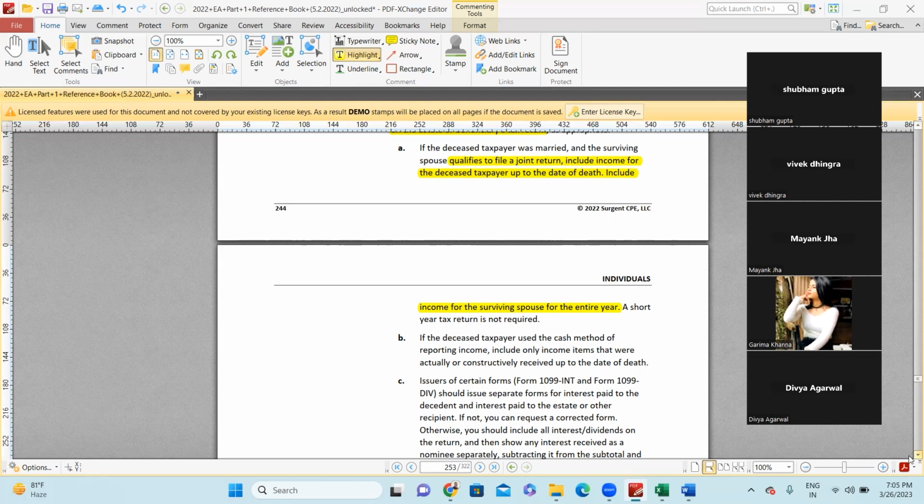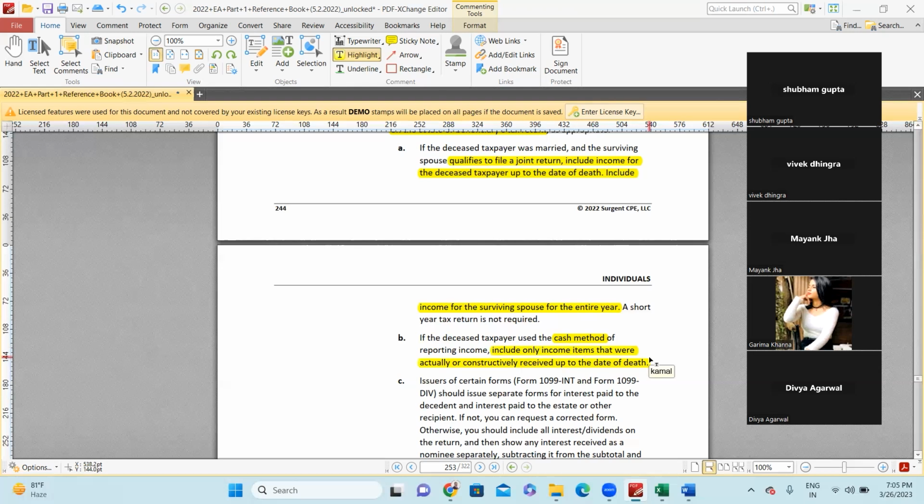Okay, so once again, point B says if the deceased taxpayer used the cash method. What is the cash method? The cash basis of accounting. That means when you receive the money, you book the income. When you spend the money, you book the expense, right? So include only the income items that were actually or constructively received up to the date of death in his income tax return, right?